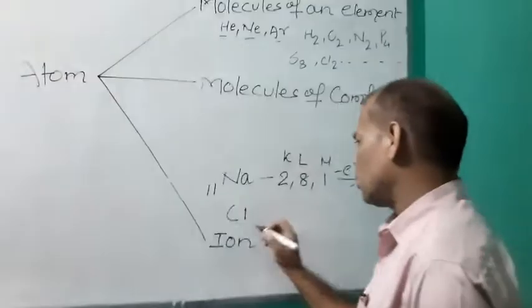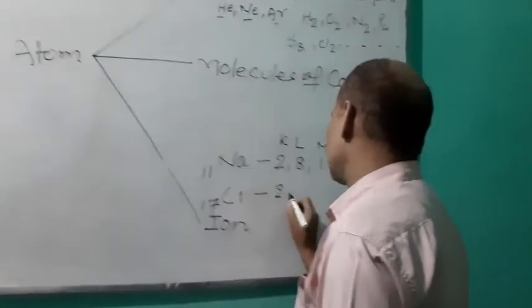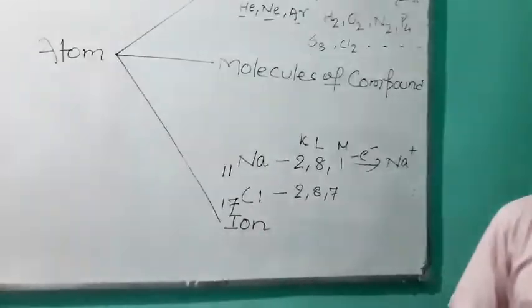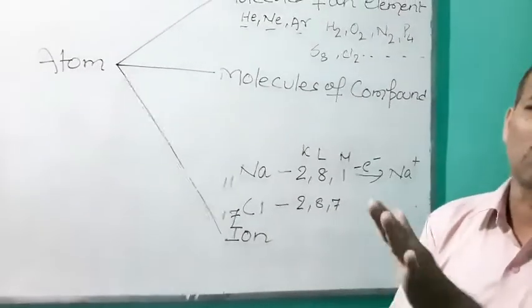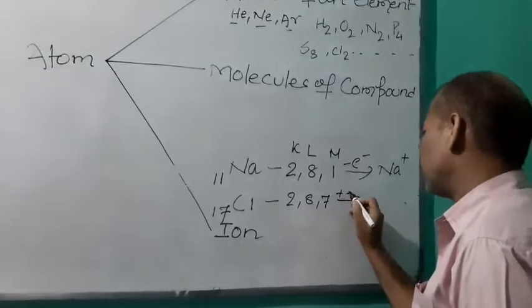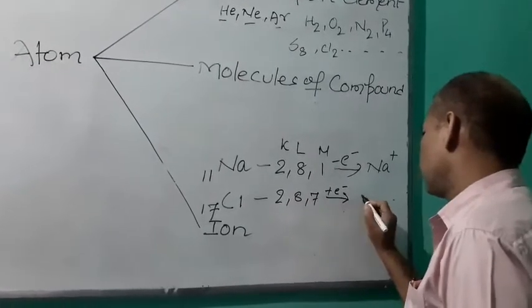Now chlorine. Chlorine has atomic number 17, so its electronic configuration is 2, 8, 7. Chlorine also tries to achieve 8 electrons in its outermost shell. For this it has to gain 1 electron.